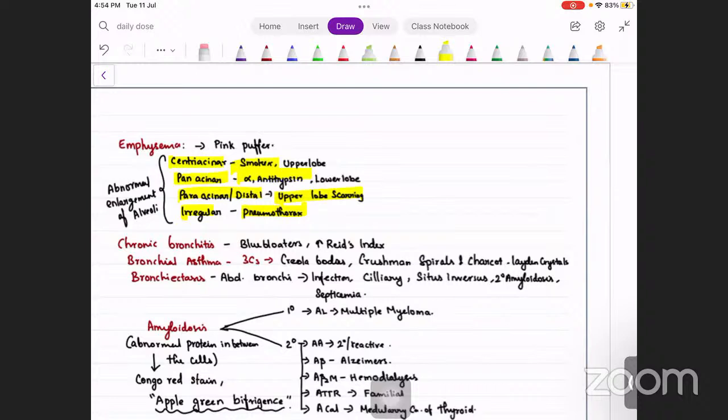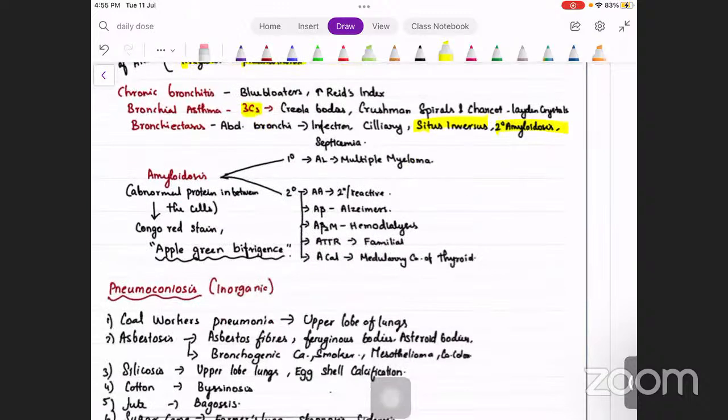Then you have chronic bronchitis, blue bloater, increase in Reid index. Bronchial asthma, 3 C's: Curschmann spirals, Creola bodies, and Charcot-Leyden crystals. You have to remember the 3 C's. Bronchiectasis, you may see abnormal bronchi, infection, or maybe situs inversus, or maybe due to secondary amyloidosis.